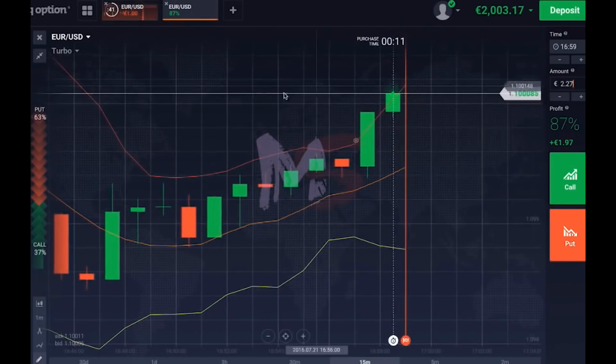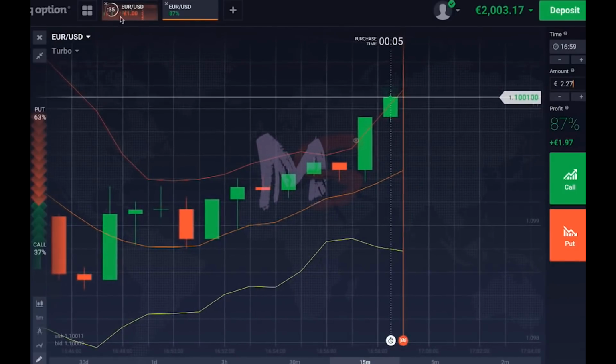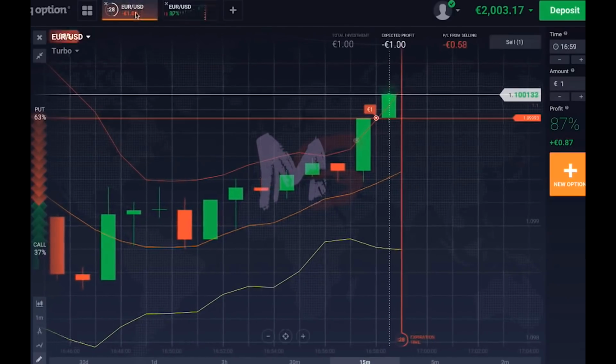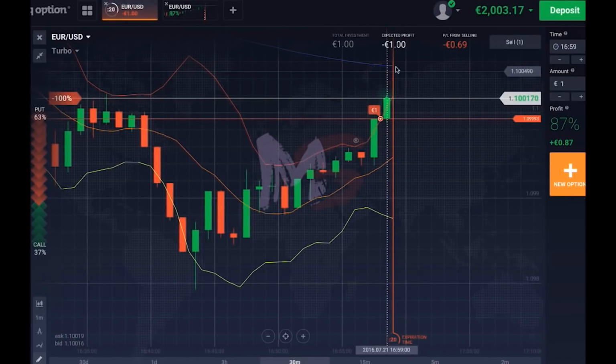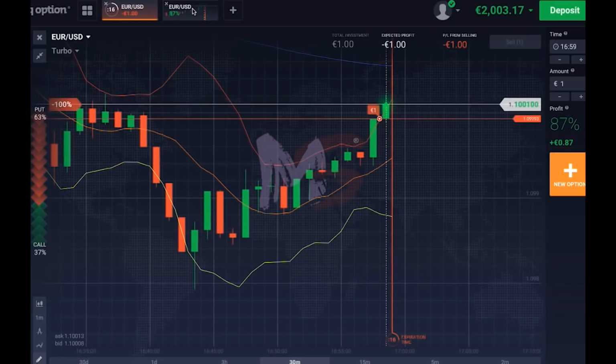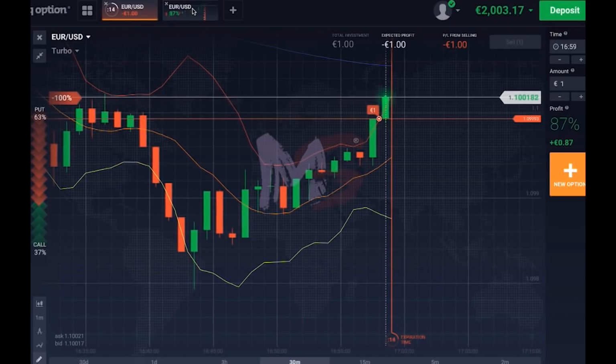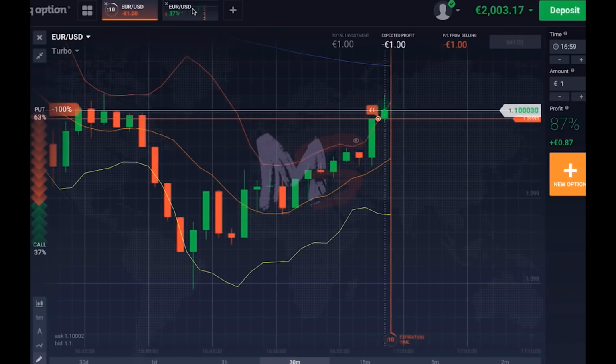I remind you that you can open another window, or set the chart in twin mode, so you can reinvest immediately in case of out of the money. Okay, as you can see we are going out of the money, so I am just ready to raise with 127% of €1.